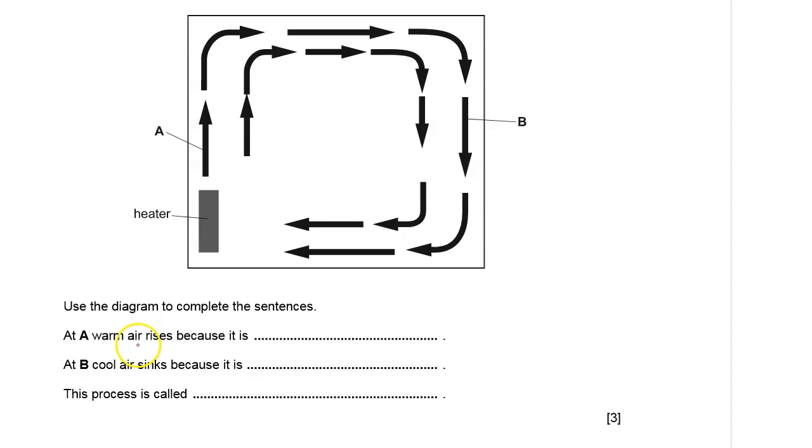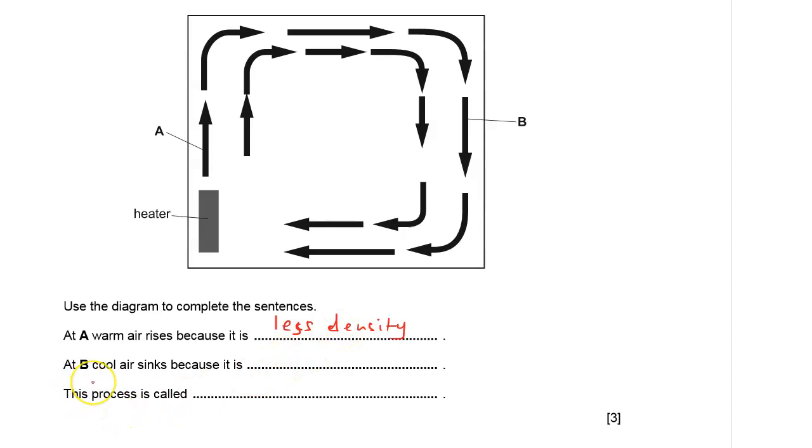At A, warm air rises because it is less dense. When you mix water and paraffin, paraffin comes on top because it is less dense than water. So warm air is less dense compared to cold air.